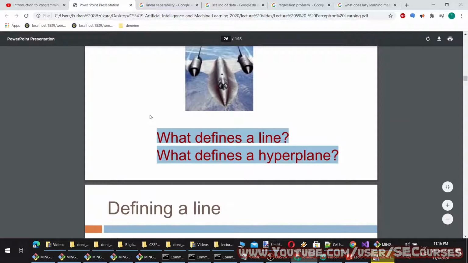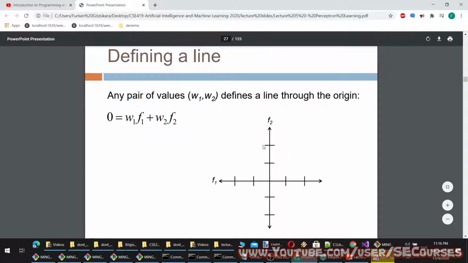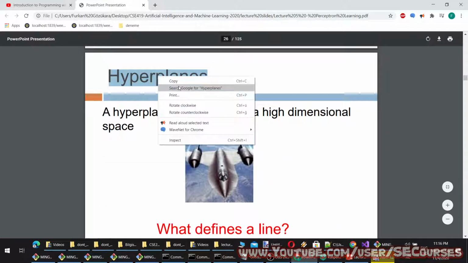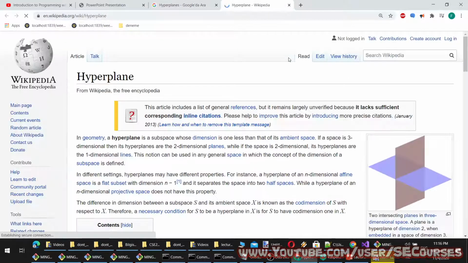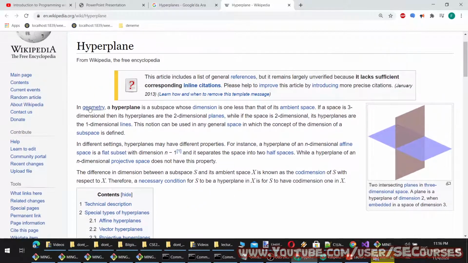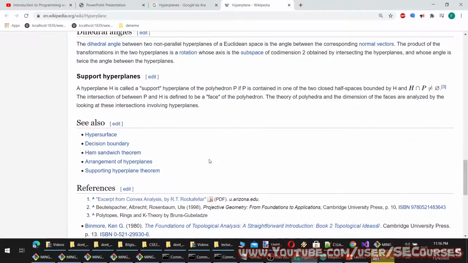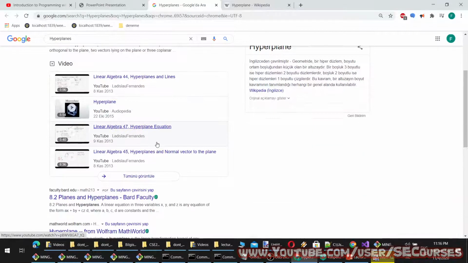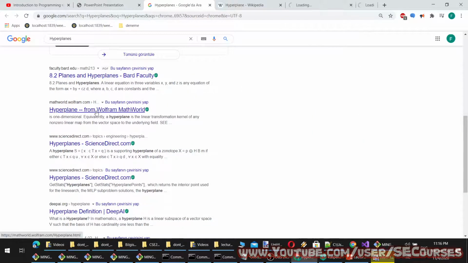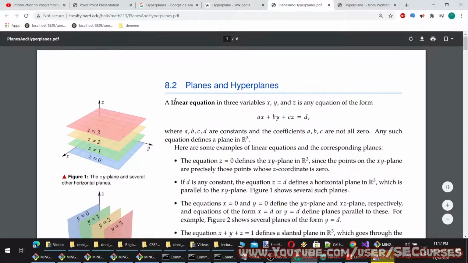What defines a line? What defines a hyperplane? This is a bit harder to understand at the beginning. What are hyperplanes? I will try to find a good example of a hyperplane. There is a mathematical description, but I will try to find some visual explanation. Planes and hyperplanes.